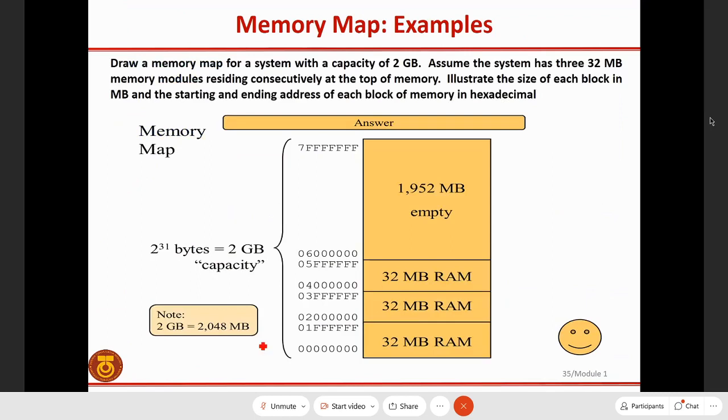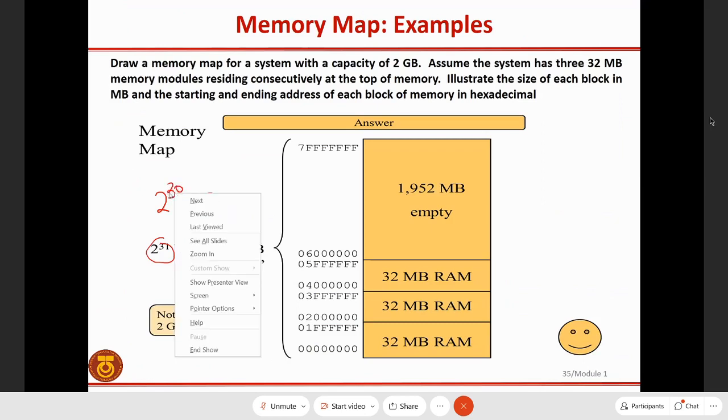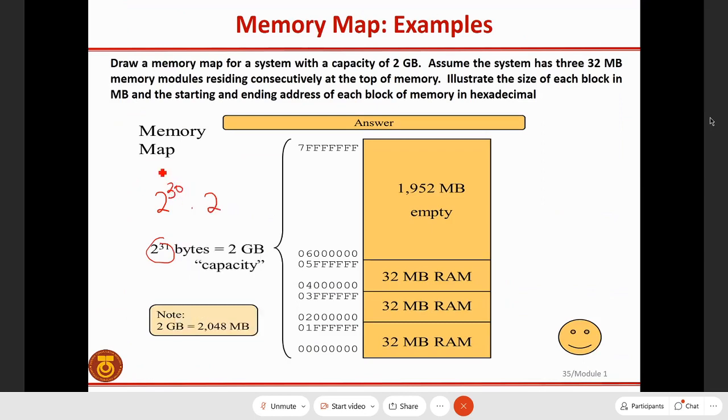Right, so this is another example. So like this one, 2 to the power of 31 bytes. What does it mean? It means this is actually 2 to the power of 20 and 2 to the power of 30. 2 to the power of 30 is for giga, right? So this one means 1 giga already.